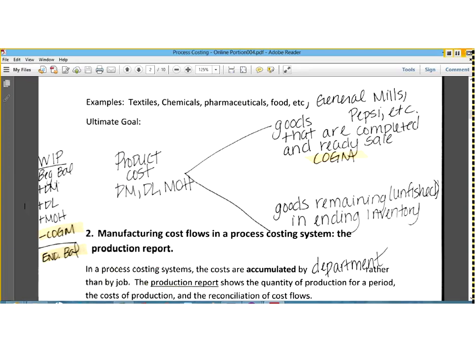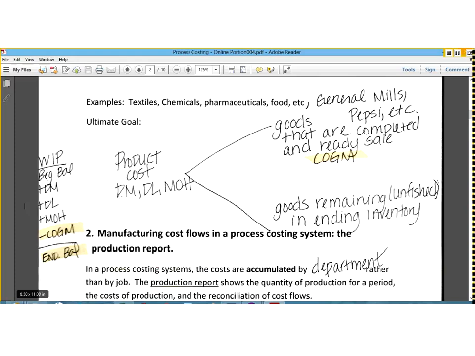We would subtract out all of our cost of goods manufactured, which is all of our completed products, and have our ending balance. Up until now, numbers such as cost of goods manufactured and ending balance have been given to you. What we're going to do today is show how those numbers are calculated. Because in the real world, they're just not going to be given to you. You're going to have to back into them.